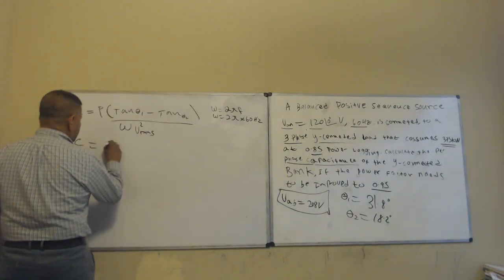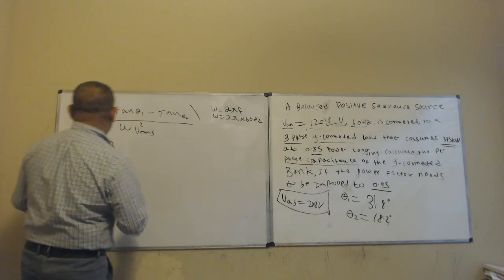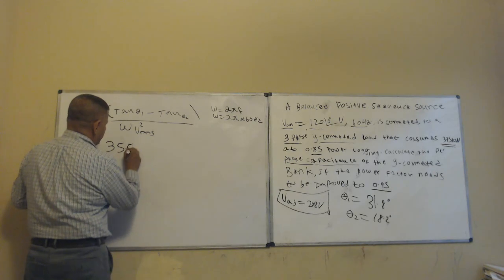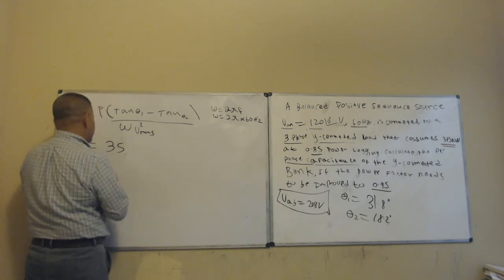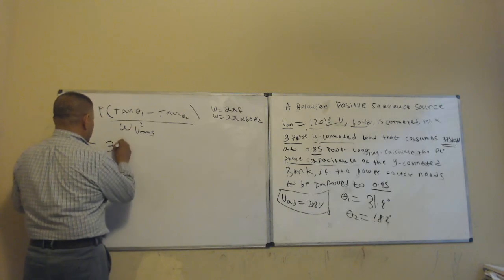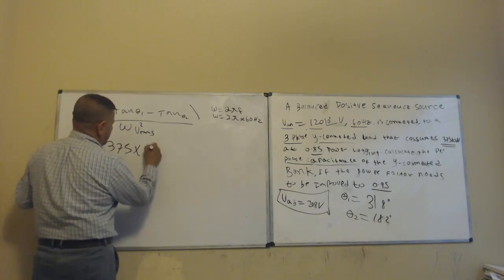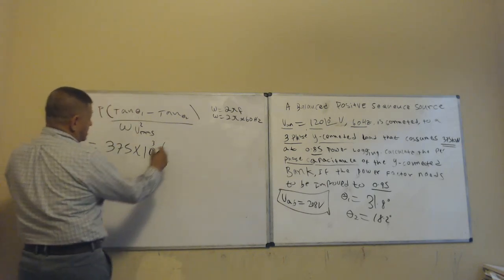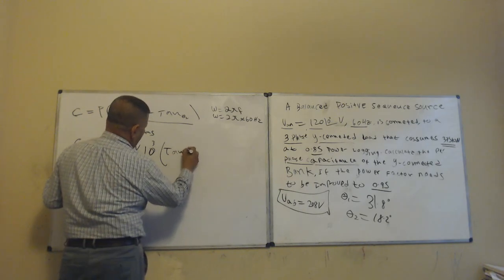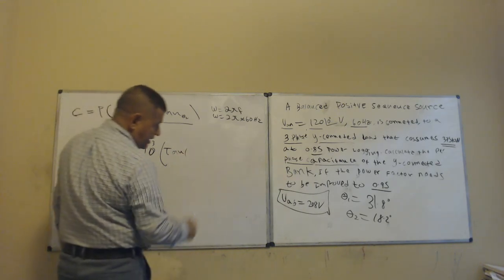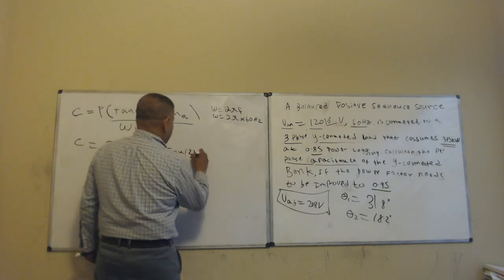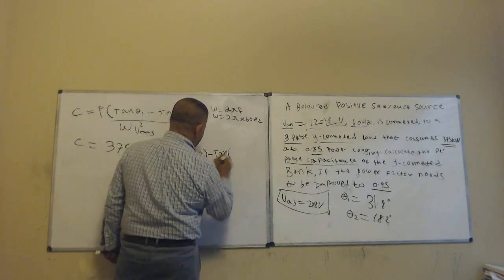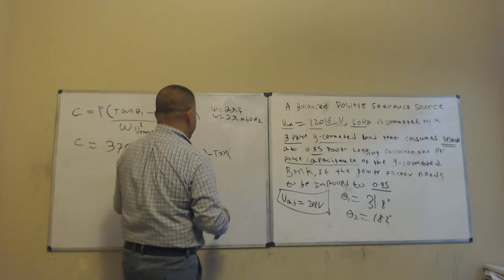So it's 375 times 10 to the third, times tangent of theta 1, which is 31.8, minus tangent of theta 2, which is 18.2.